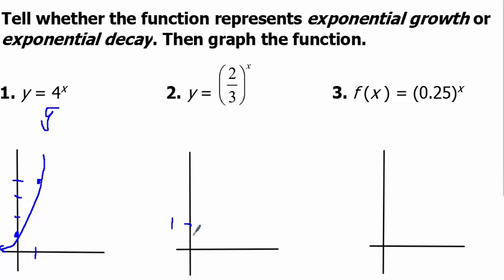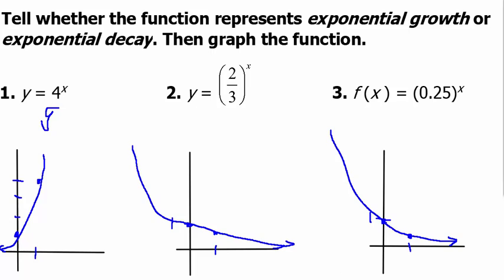If I graph my 2 points first, those points are going to show me whether it's growth or decay. And the only thing that happens is the graph will get shallower or steeper. So I have growth, I have decay, and I have decay.